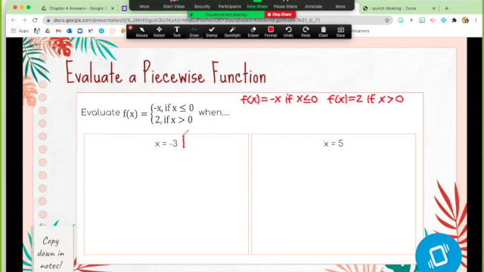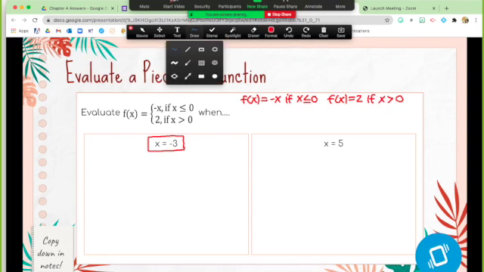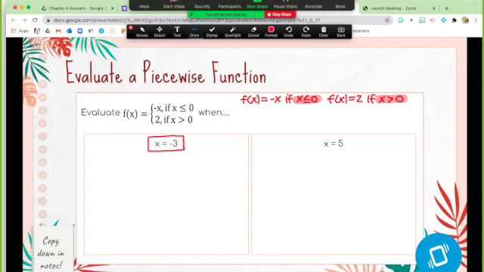Now they want us to find out what y is going to be if we have x equaling negative 3. Based off of the statements given to us, either x can be less than or equal to 0 or x can be greater than 0. So I'm just going to write those here.